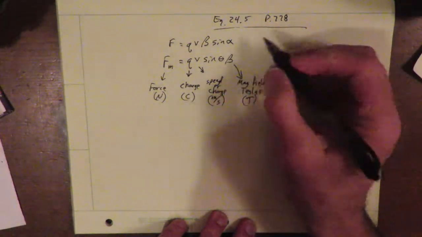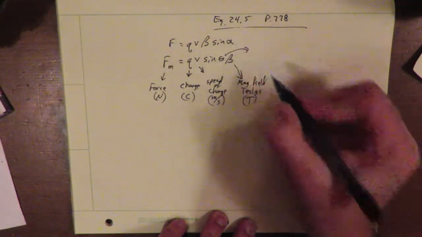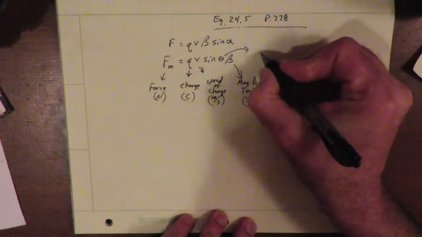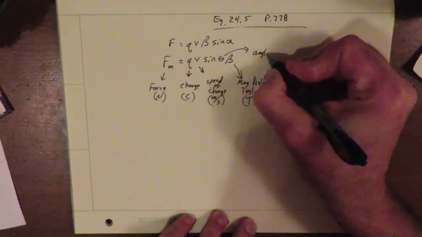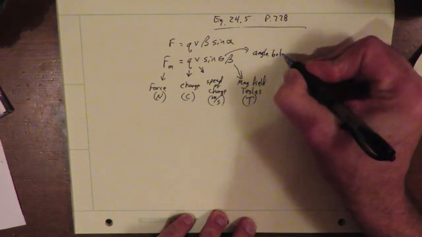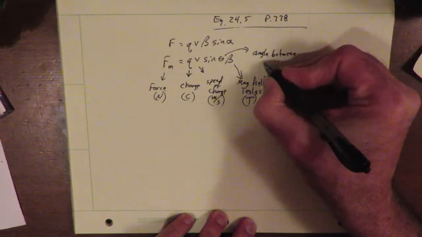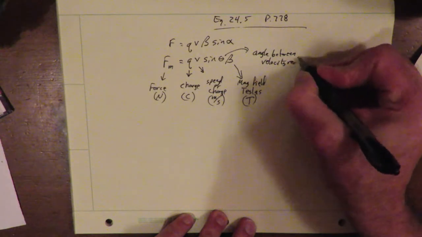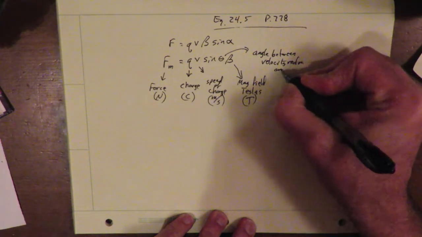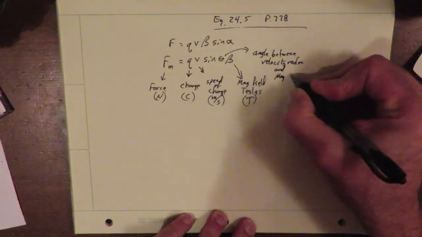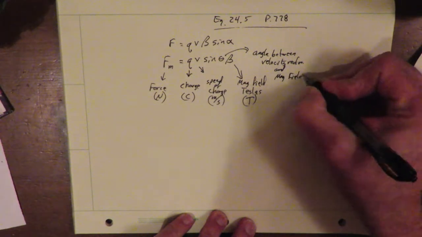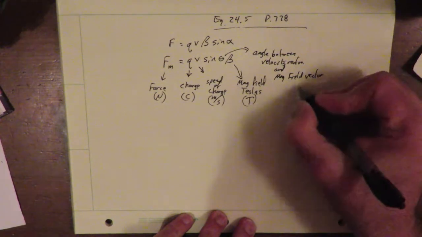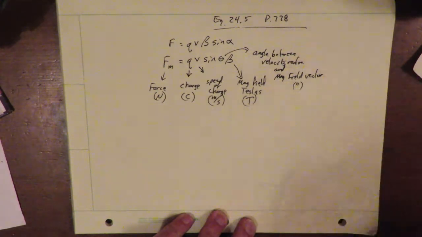Now, this theta is the angle between the velocity vector and the magnetic field vector. And that's going to be in degrees.